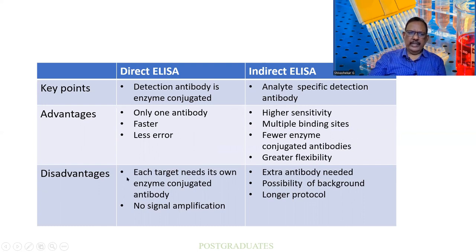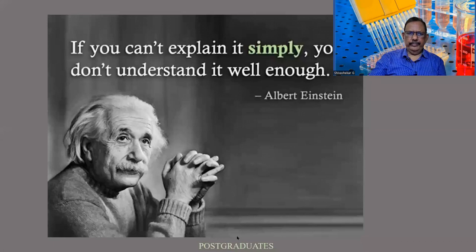Disadvantages of direct: each target needs its own enzyme conjugated antibody and its own incubation time. There is no amplification. Whereas in indirect, the disadvantage is that an extra antibody is needed, and there is the possibility of background staining and a longer protocol. So this has to be perfectly followed.